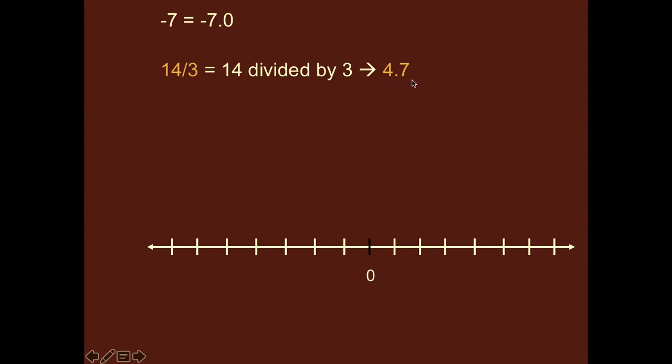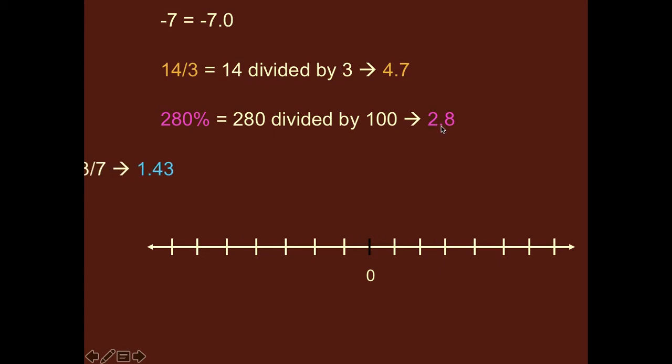Then 280% will be 280 divided by 100, which is 2.8. Again we got a decimal. Then there's a mixed number, 1 3/7. So 1 plus 3/7, changed into a decimal, we get 1.43. So we have solved the first step, changing all the numbers into decimals.